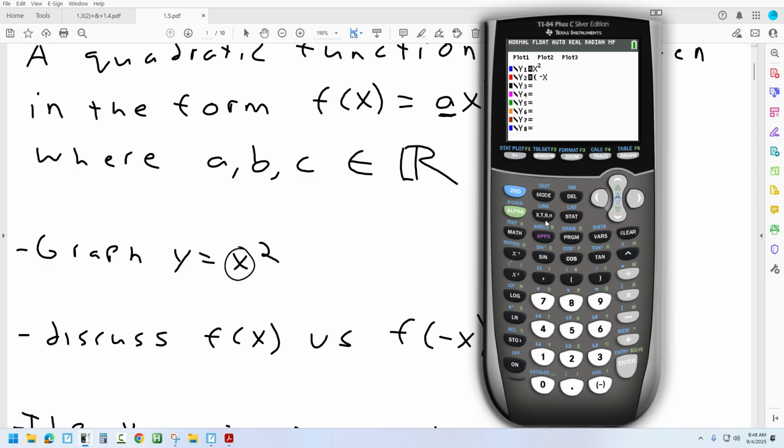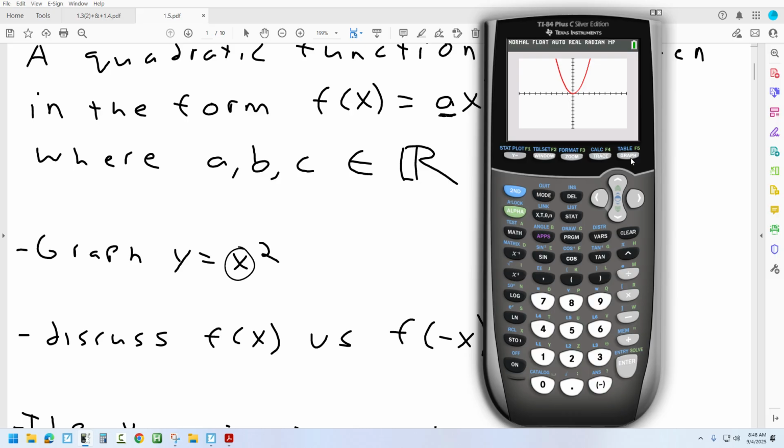And I'm going to put in parentheses negative x. And then I'm going to square it. And I'm going to hit graph. It's the same thing. Now, it's not always the same thing, depending on what kind of sketch you're doing. But in this one it is the same.